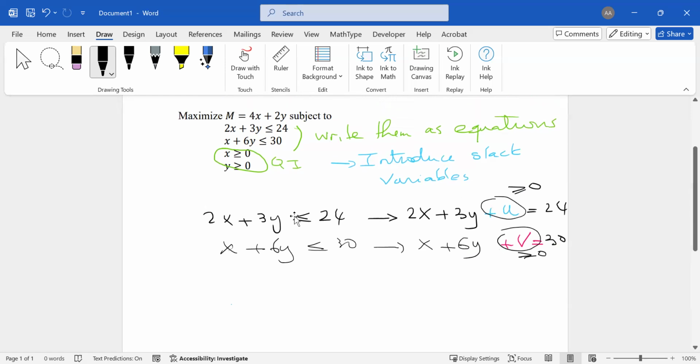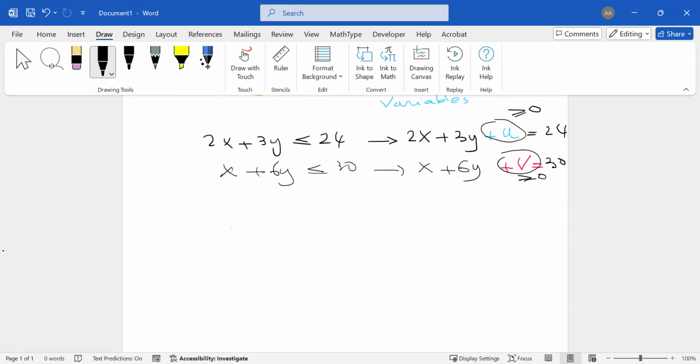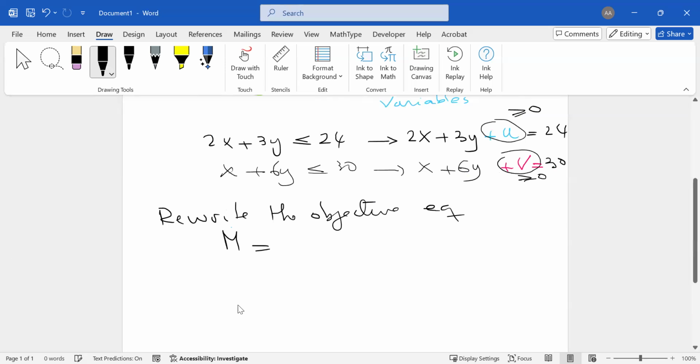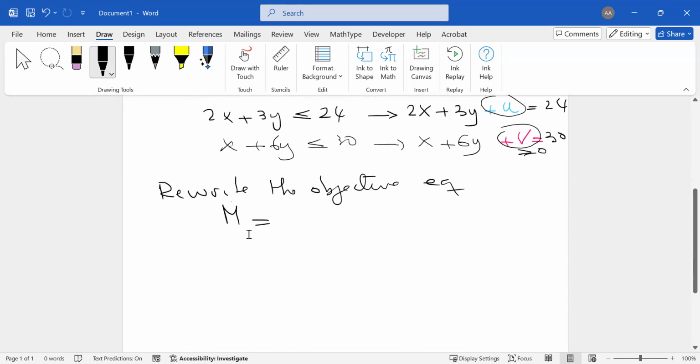Okay, now we also need to rewrite the objective equation. We say m equals 4x plus 2y. We're going to do it this way: move all the terms to the left side, 4x and 2y.